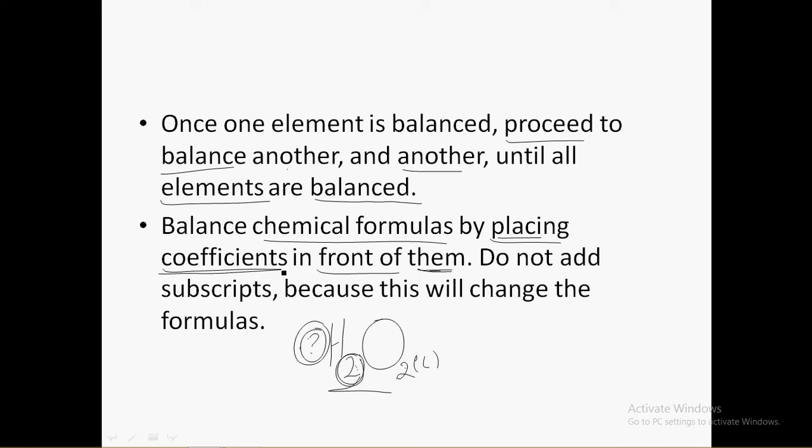That number is called the coefficient, and we write it in front of the formula. Do not add subscripts, because this will change the formula. Formula means the compound or the molecule. So be careful. Don't change the subscript of the compound.